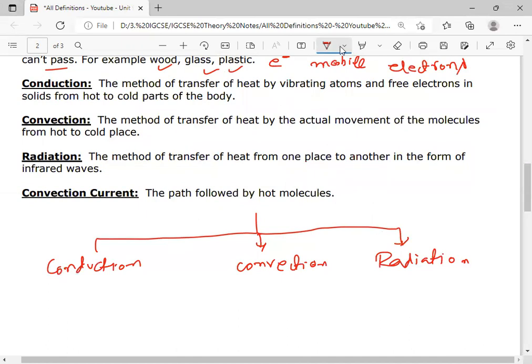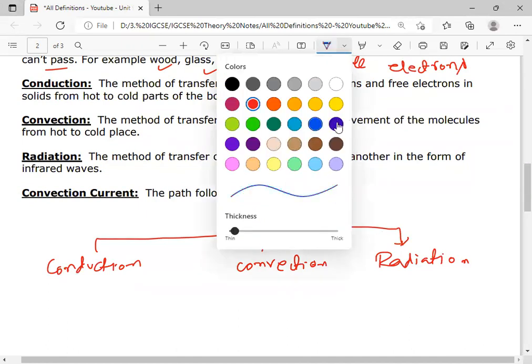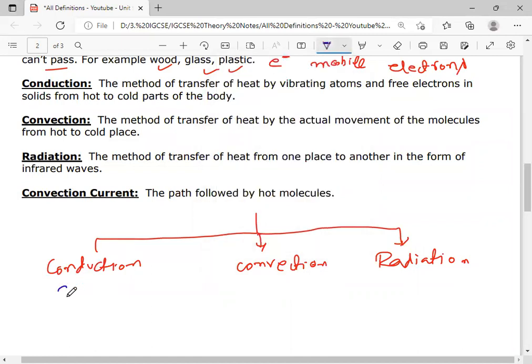Conduction is purely done in solids. Convection in fluids, that is liquid and gases. And for radiation, no medium is required.